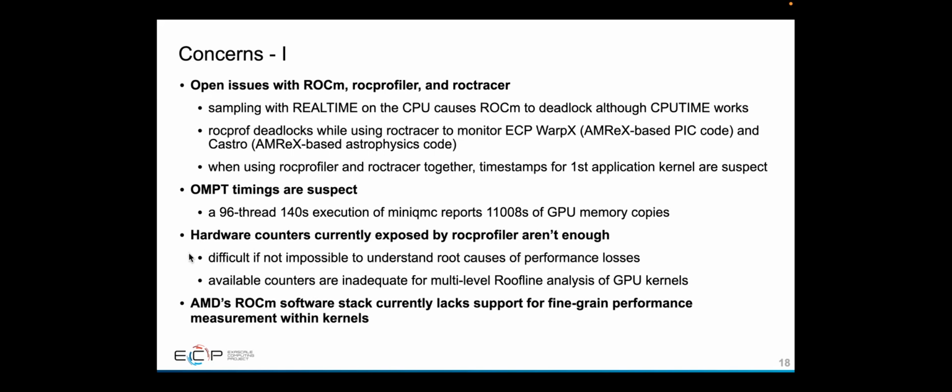This morning, Timur said that they're expecting to make a much larger set of performance counters available in the May timeframe. And so that should address some of the concerns here. And then finally, I mentioned that we've been preparing for support for fine-grained performance measurement, but currently there is no support in AMD's software stack for fine-grained measurement within kernels.